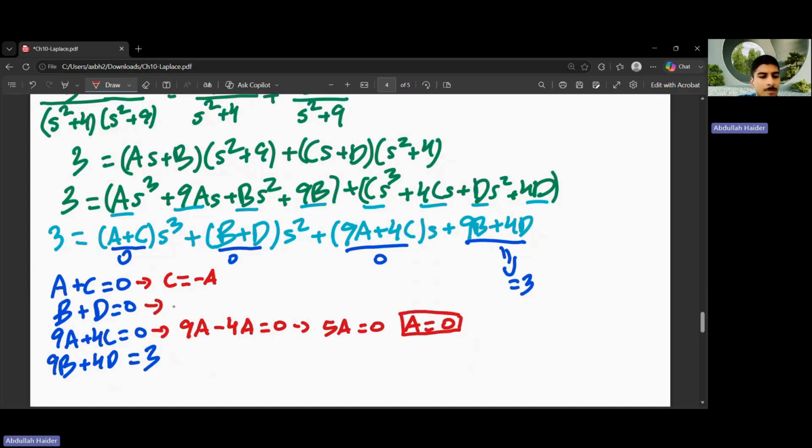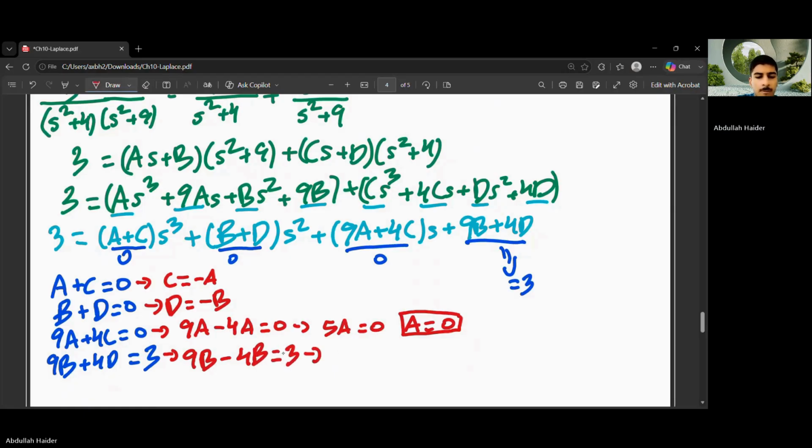Then you can say d equals minus b, and here 9b minus 4b equals 3, so 5b equals 3, which means b equals 3 over 5.